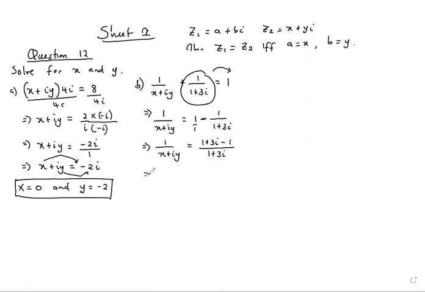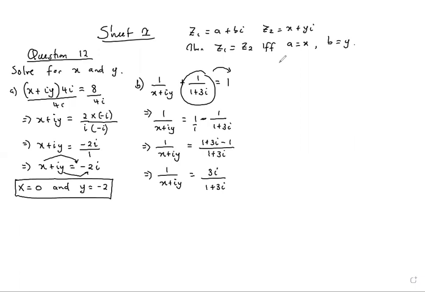Okay, so this one is giving us 1 over x plus iy is equal to 1 minus 1, 0. So we remain with 3i over 1 plus 3i. Now remember we are solving for x and y.